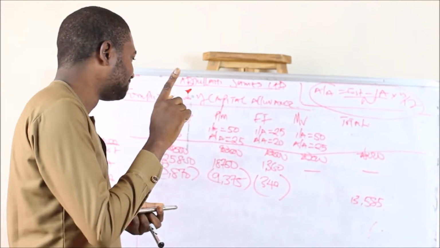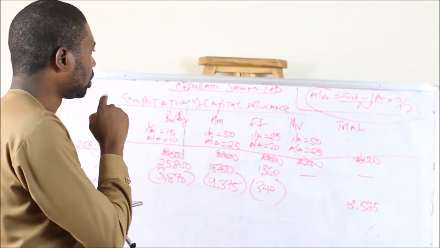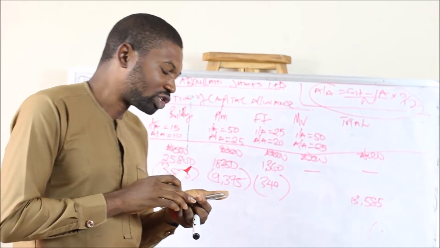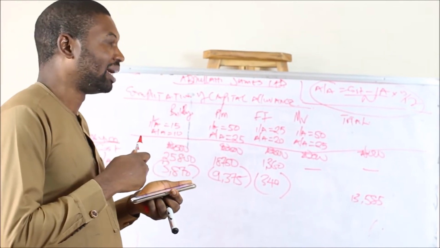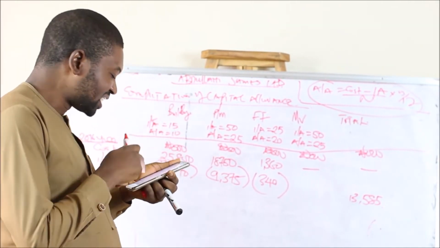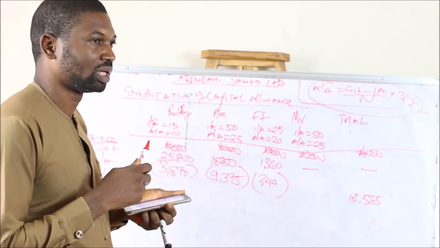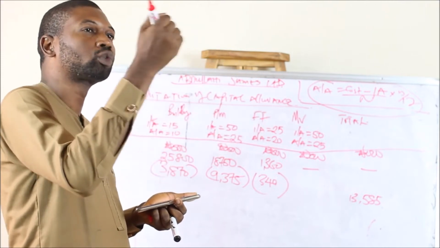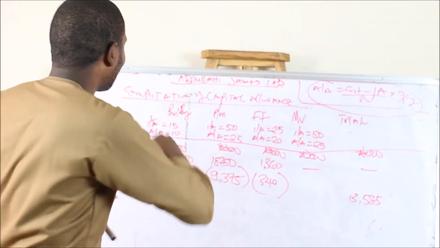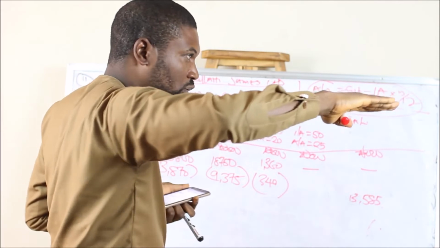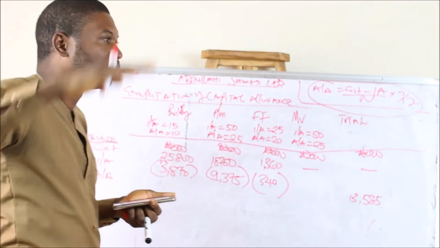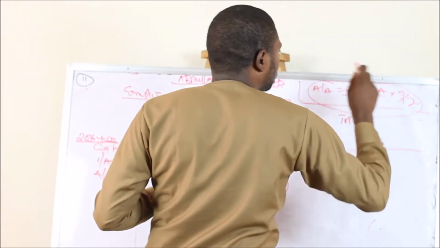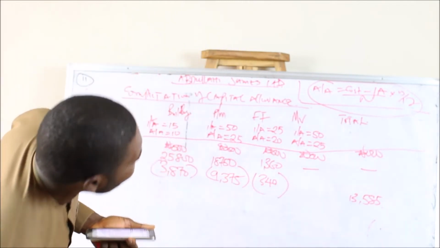Now remember, if you go back to the question, this business commenced from June to December, June 2016 to December. So the first basis period is just like 7 months. Of course, if you count June, July, August, September, October, November, December. So the first basis period, 2016, is just for 7 months. So we are going to apply this formula to determine the annual allowance on that.